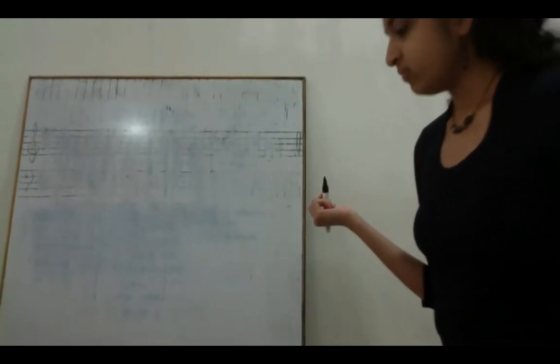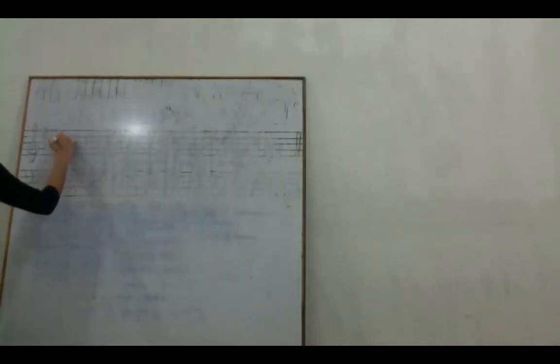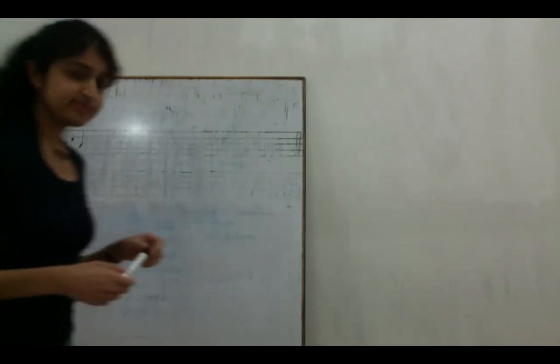Okay, change of mode. Let me just explain change of mode. So the original motive was, okay, that was the motive. Da, da, da, da. Is this major or minor?